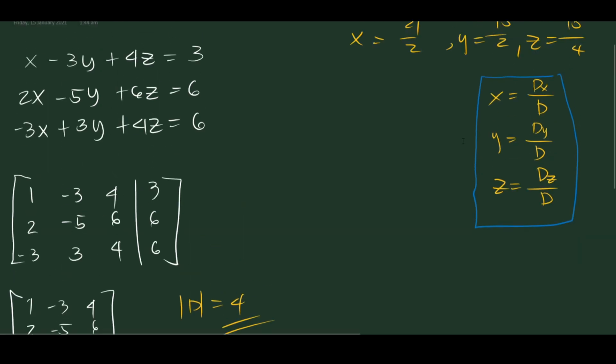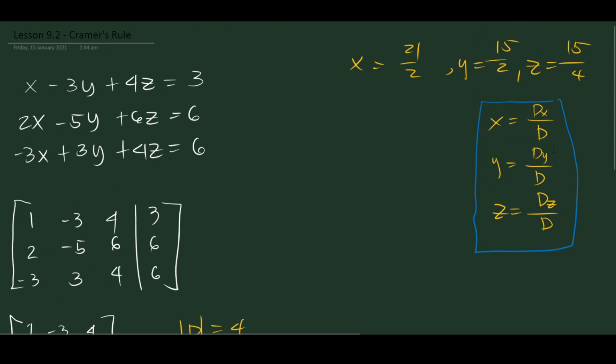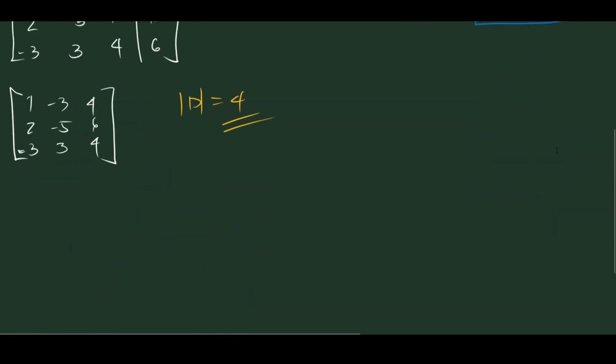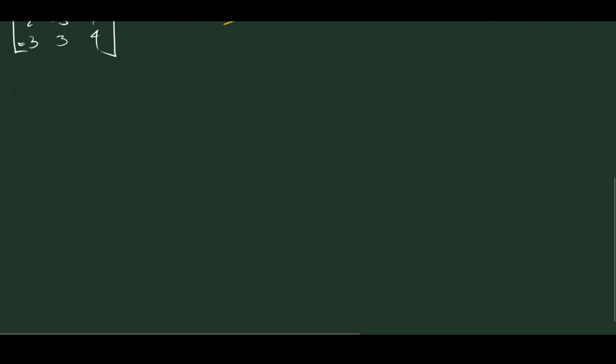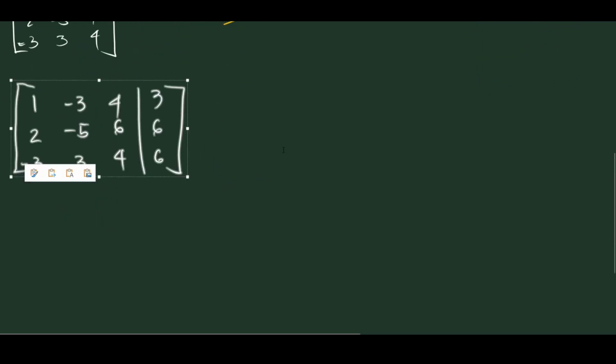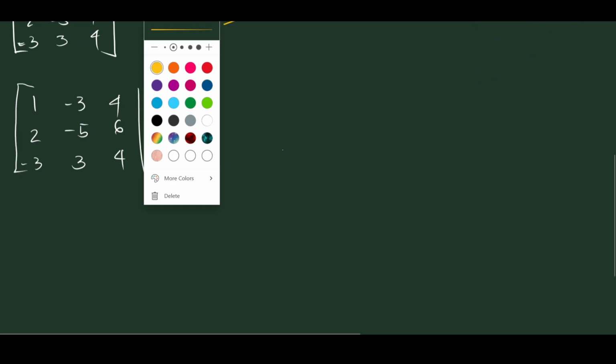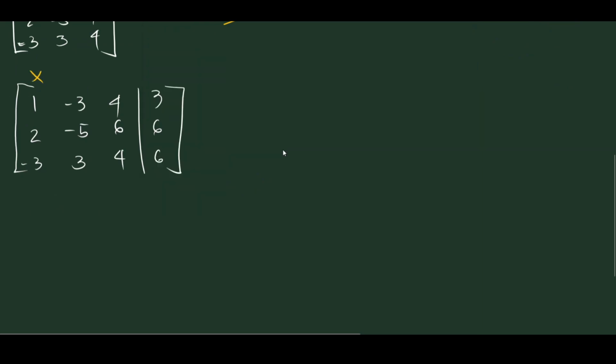Now let's find the unknown matrices so that we can find dx, dy, and dz. For the unknown matrix for x, how do we construct that? Let's copy this first. So this is the x column, right? What we're going to do is substitute the constant column into our x column.